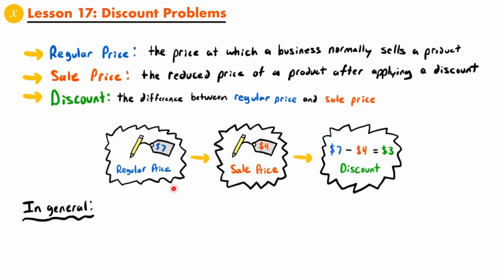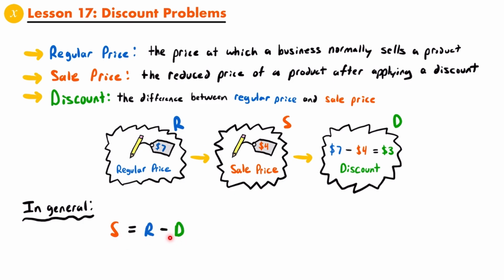And for scenarios like our example here, we can generalize the relationship between the regular price, sale price, and discount using an equation. If we let the regular price be represented by the letter R, the sale price be represented by the letter S, and the discount be represented by the letter D, then we can make the following equation. The sale price S is equal to the regular price R minus the discount D, right?